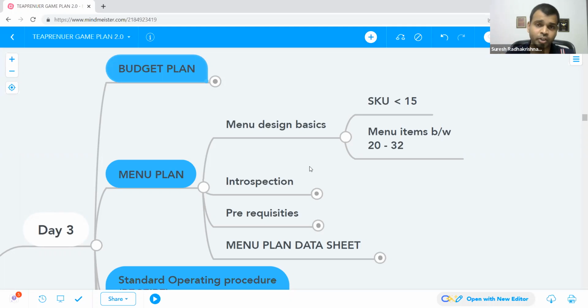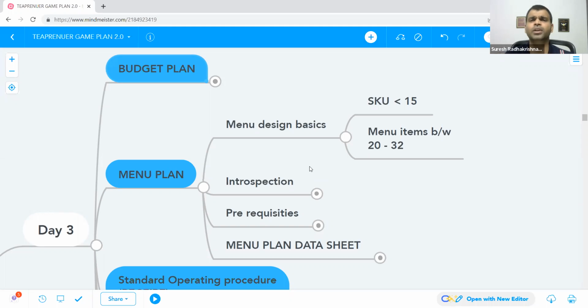If you procure a lot of raw materials, you will also face wastage at the expiry level. You need to monitor expiry properly, and you will also end up losing a lot of money in keeping that stock, right? So make sure that you have less than 15 SKU.